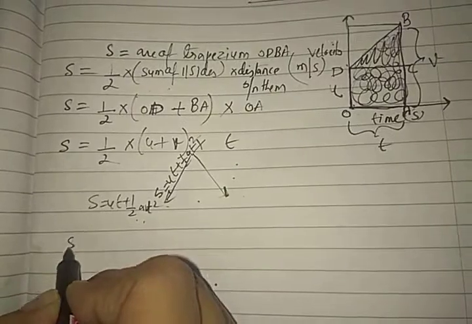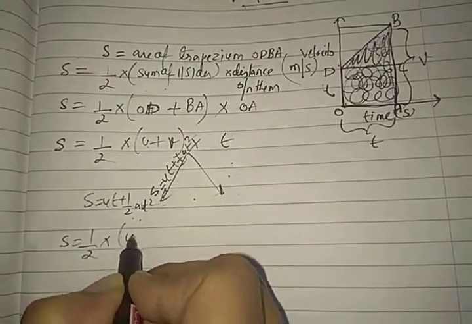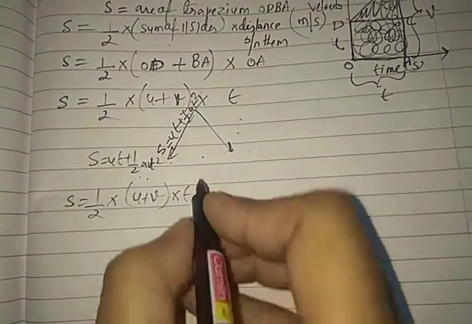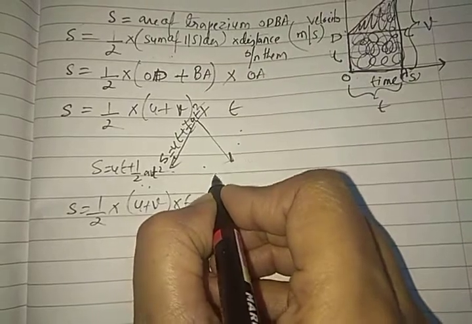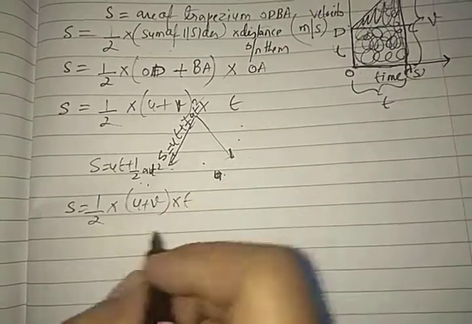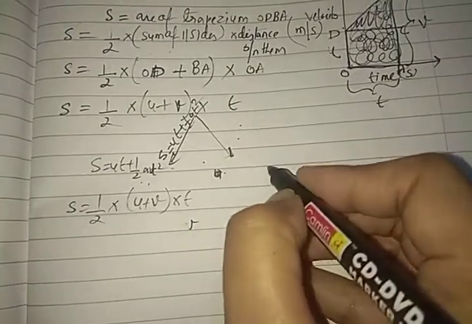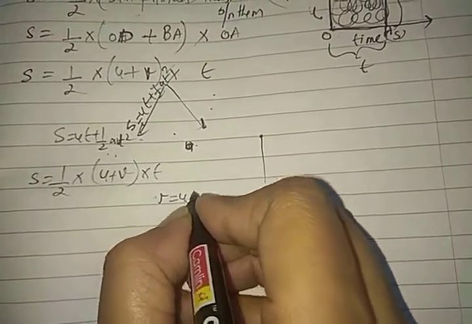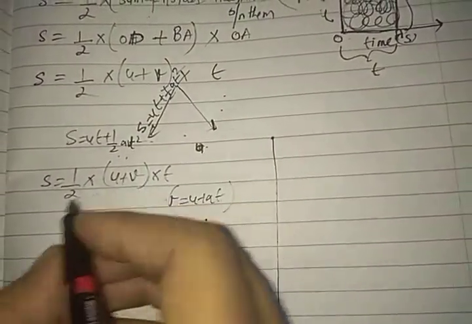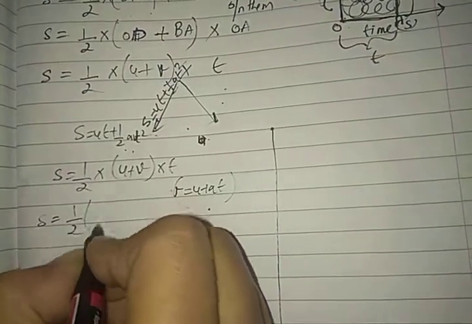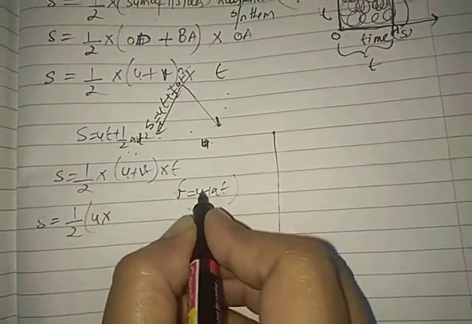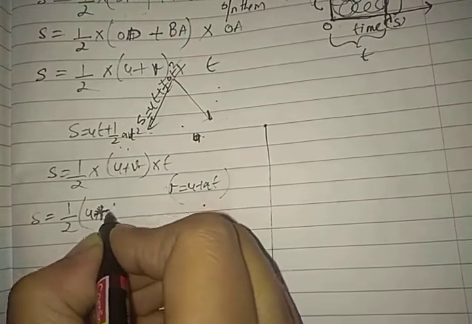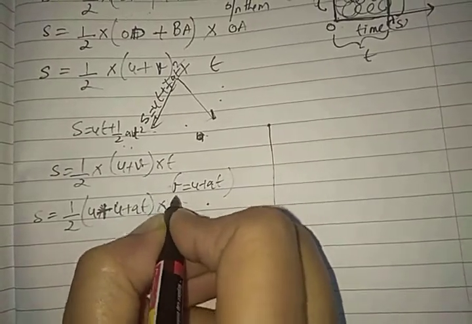What will we do after this? S is equal to half into u plus v into t. Now instead of v, write down u plus at. So s is equal to half u into, instead of v, u plus at, plus at into t as it is.